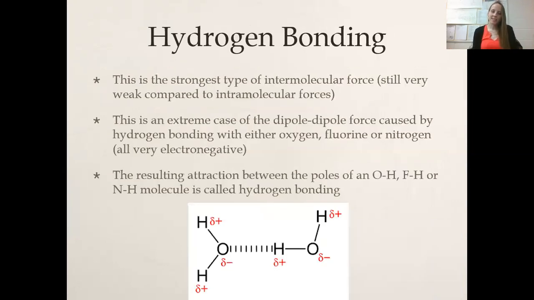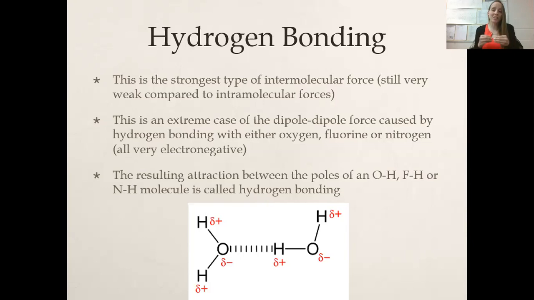And then the last type of intermolecular force, which is the strongest of the intermolecular forces, though still fairly weak, is essentially just an extreme dipole-dipole. It's still just a force of attraction between a slightly negative pole of one molecule and a slightly positive pole of a different molecule.